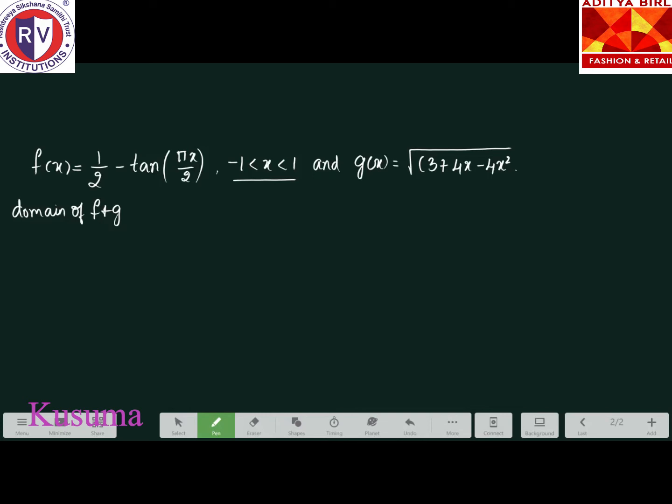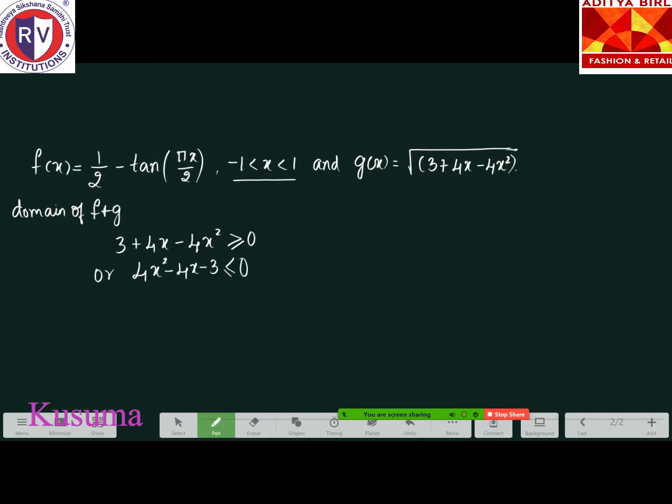Here, for the function g of x to be defined, the term under the root must always be positive. That is, 3 plus 4x minus 4x square must be greater than or equal to 0. Or this can be written as 4x square minus 4x minus 3 less than or equal to 0, right?